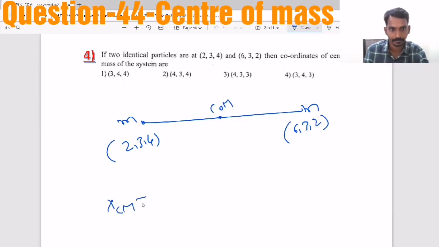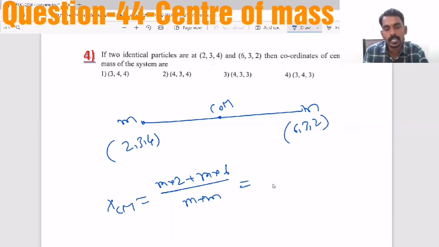Now the XCM is m into 2 plus m into 6 by m plus m. That is 8 by 2, the m's get cancelled, so 4.